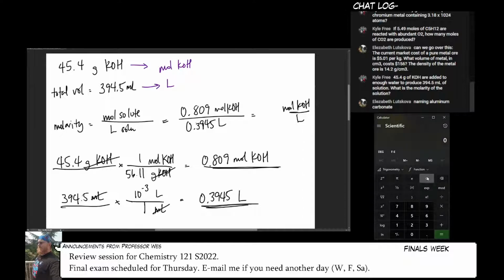So we'll take 0.809 divided by 0.3945. And I get 2.05 moles per liter.